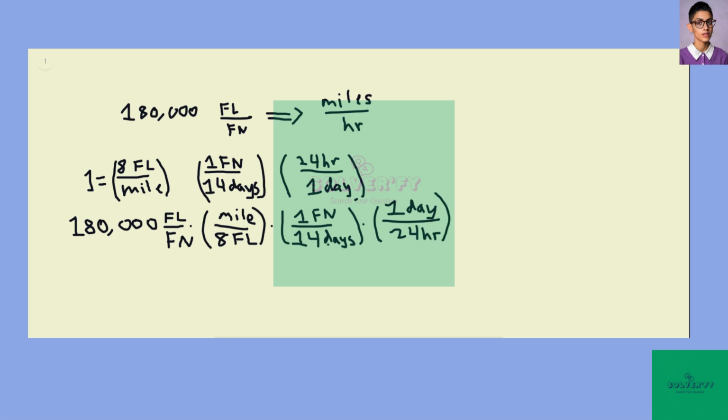And as you can see, we can cross off these quantities as they all equal 1.